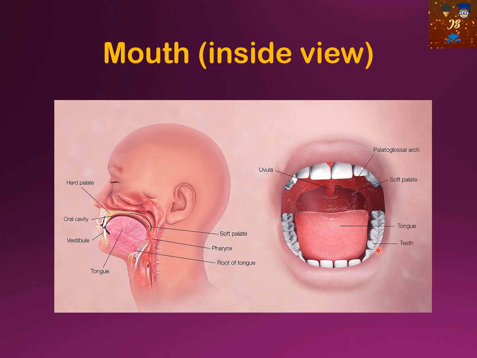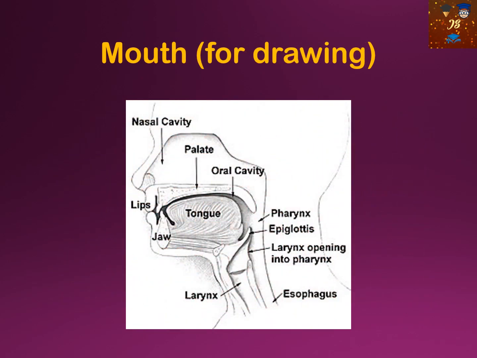So the inside view of the mouth is made up of the uvula, palatoglossal arch, soft palate, tongue and teeth. So there are 5 parts we will see when the mouth is opened enough. If you want to draw the mouth for your exam, you can follow this picture. It's much easier than the previous one.